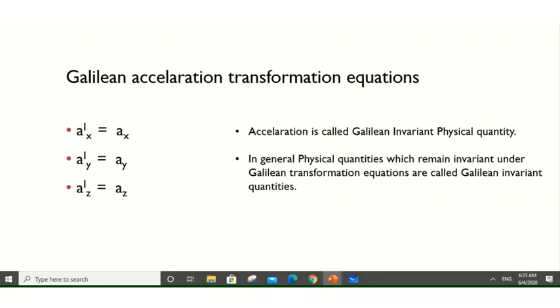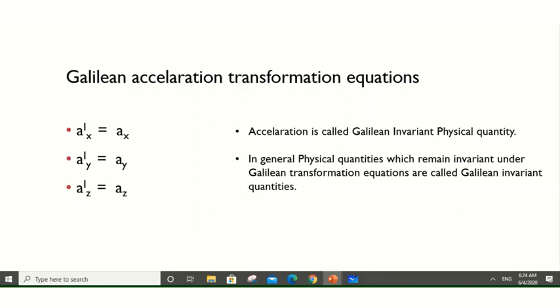So again we will get a dash x is equal to ax itself, a dash y is equal to ay, and a dash z is equal to az. It shows that both frames measure the same acceleration. So according to Galilean transformation, the acceleration of a particle is the same for all observers in all frames in uniform relative motion.